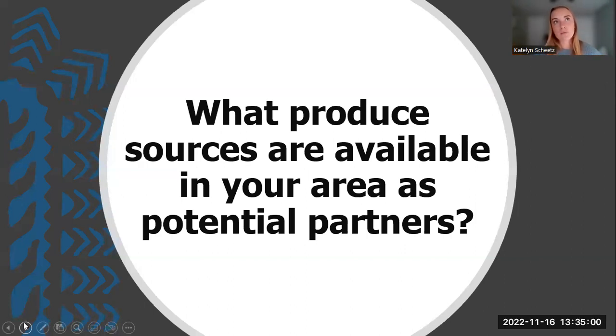So we've seen that with, I forget the name, a program out in California that uses an all organic, all regenerative farm as their community partner. And we've seen that as a really great model because it both supports local farmers and also supports the community in addressing food insecurity.